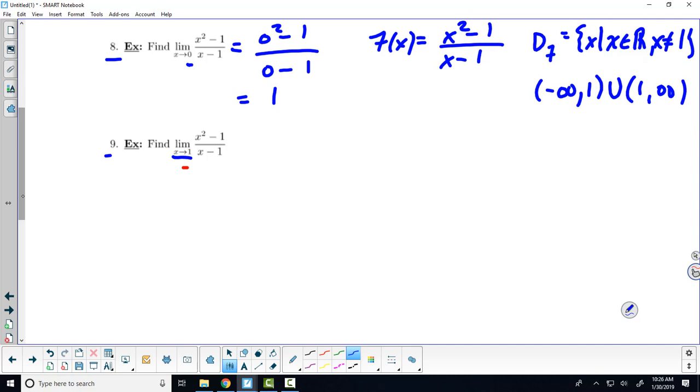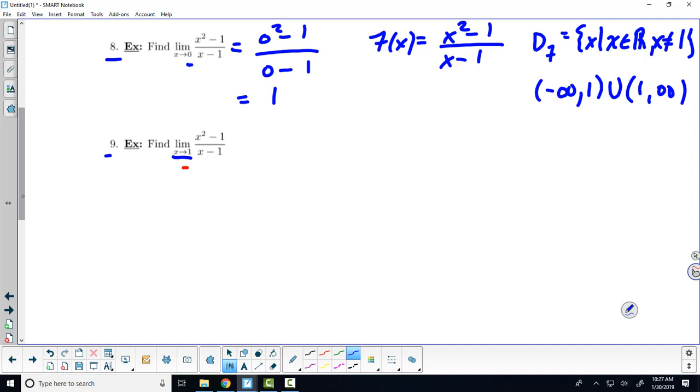So we're exploring how the function is behaving near a place where it's undefined. That's where, first of all, limits are far more useful than in question number 8. But it's also where the direct substitution property does not apply. Okay? So again, we've got this rational function. Again, the domain's all real numbers except for 1. But in this case, I'm taking the limit as x approaches that value 1.